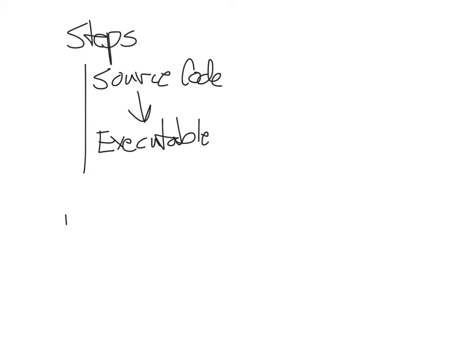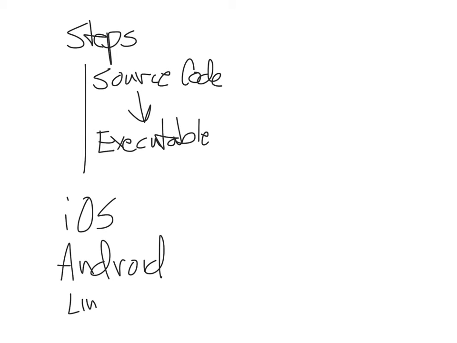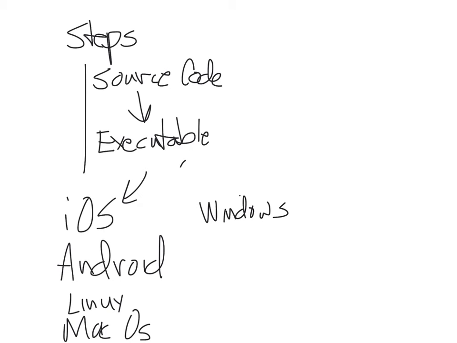We have iOS, Android, and then, you know, if I was to list a couple, yeah, probably should list Windows. Trying to be funny. Okay. When we create executables, they execute on a particular operating system. That makes sense? And that happens when we compile.